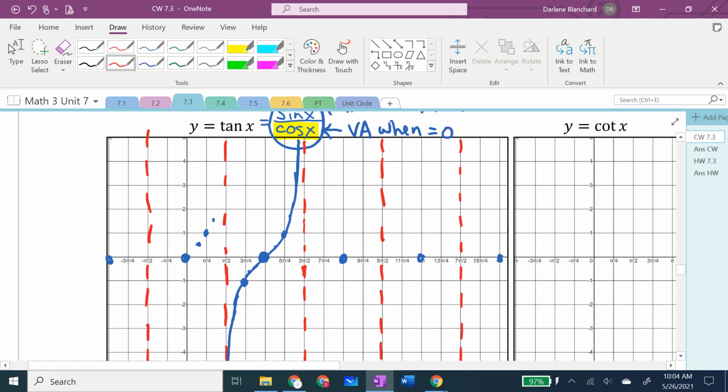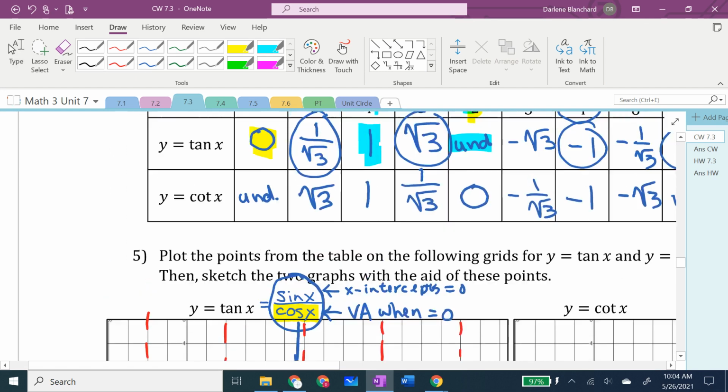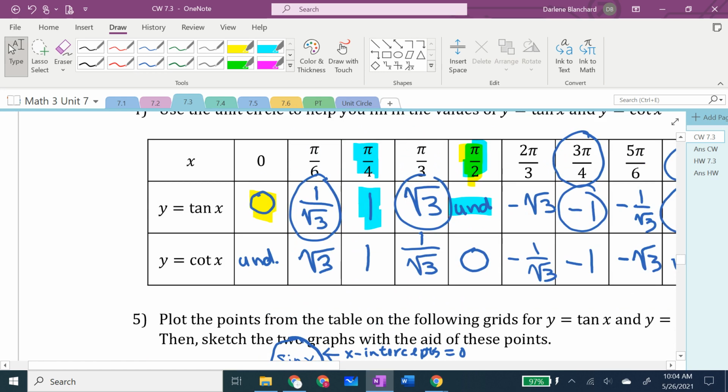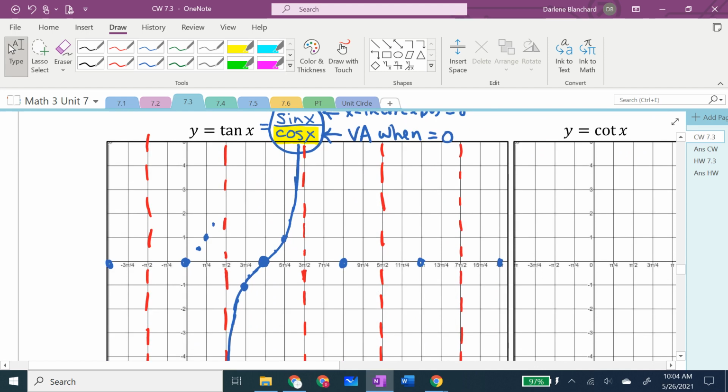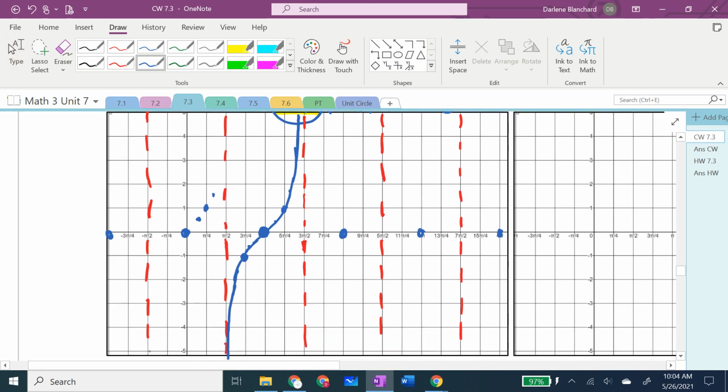Tangent is going to continue to have this shape to it. And by working out some of these numbers in this chart, I'm hoping that you'll see that this pattern just is the same as you go along.